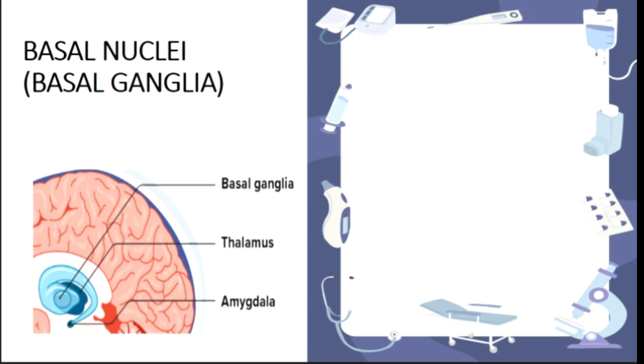So the basal nuclei are deep within each cerebral hemisphere. In the picture, you can clearly see the basal nuclei. There is the thalamus, amygdala, and in the middle there is a circular part, right? That is what the basal ganglia are. So this is deep inside the cerebral hemisphere.